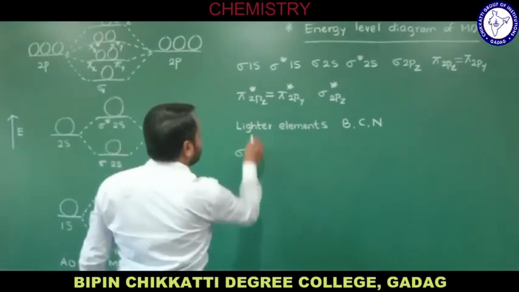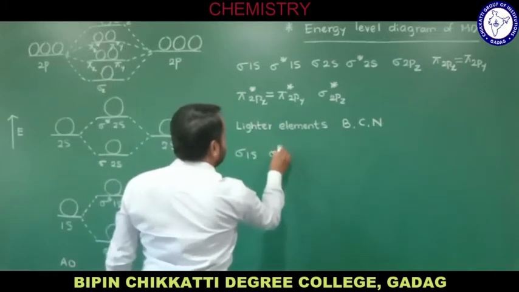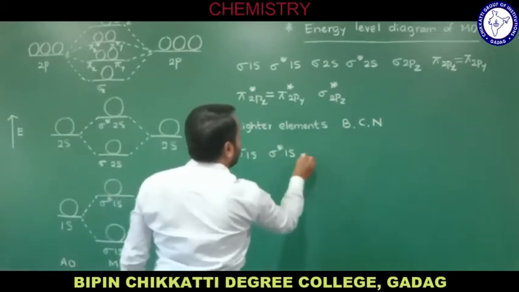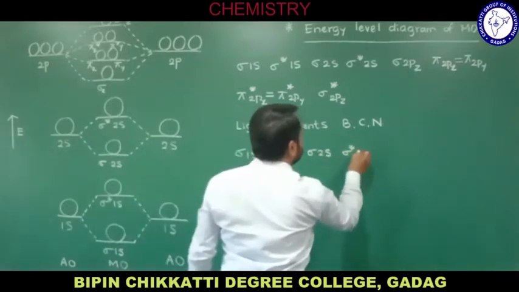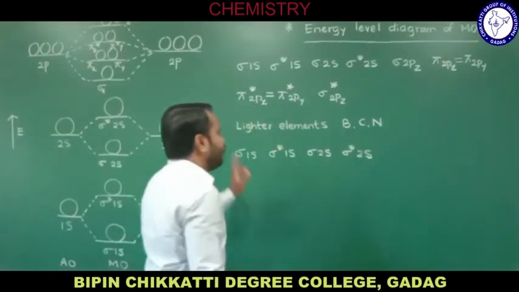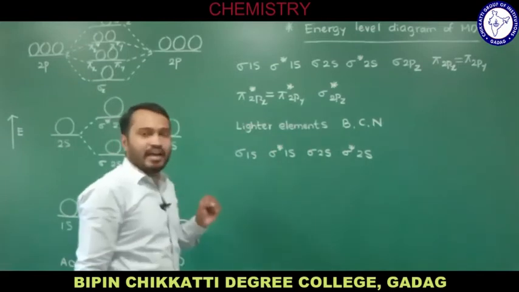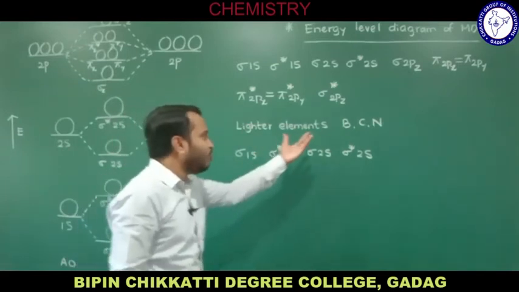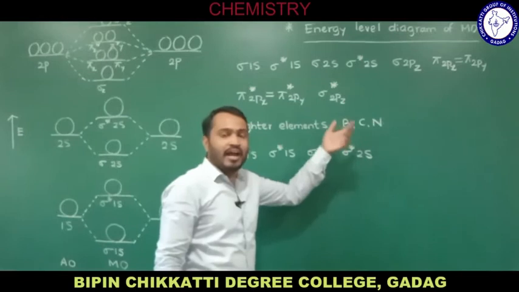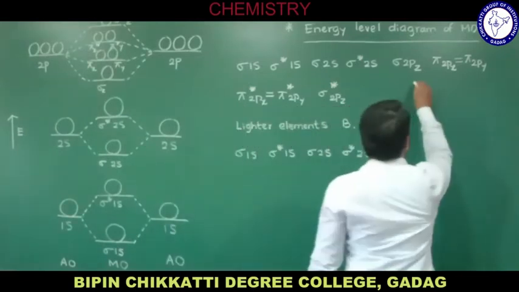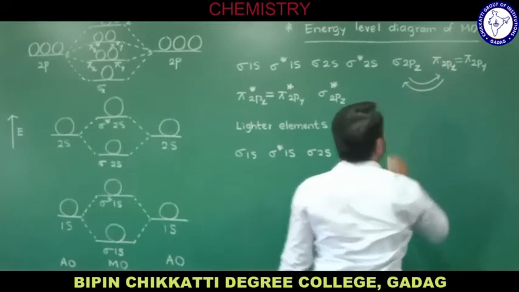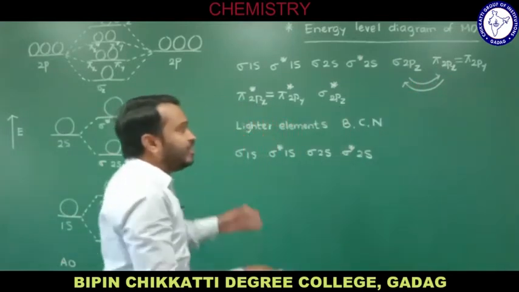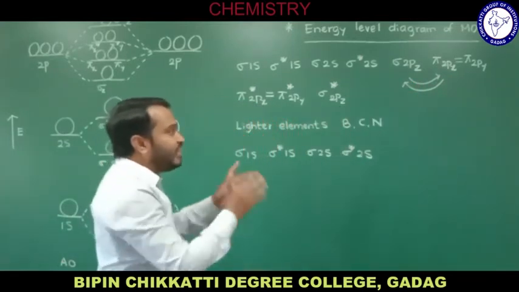So 1s we have as it is, and sigma 1s, sigma star 1s, and sigma 2s, sigma star 2s we have. Whereas in case of lighter molecules of boron, carbon and nitrogen, these two energies have to be interchanged. So that is 2pz and 2px, 2py, they are supposed to interchange.